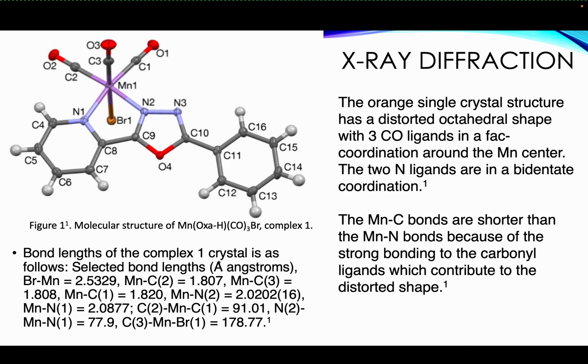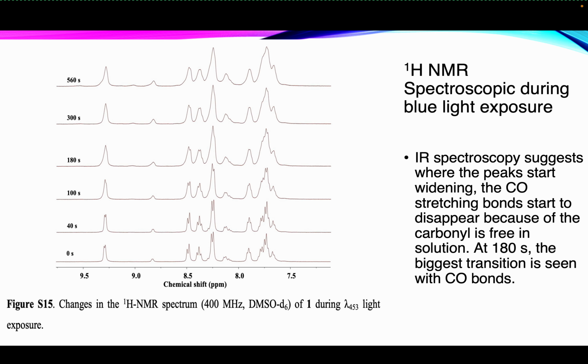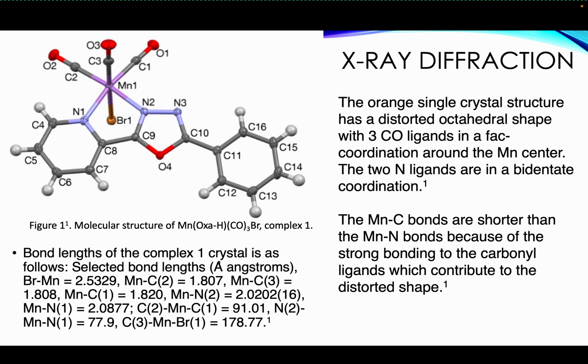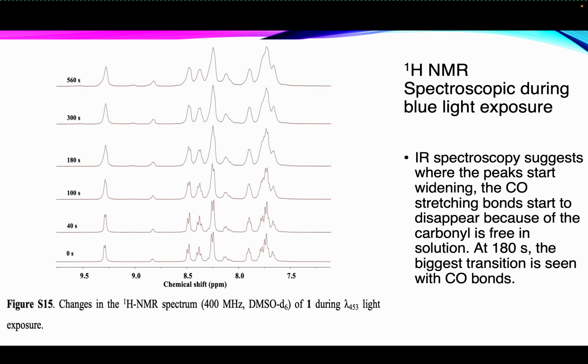So you can see the manganese center connected to the three carbonyl ligands in a facial coordination around the metal center, and the two nitrogen ligands in the bidentate coordination. Oh, and I'm sorry, I also indicated the bond lengths in complex 1 of the crystal structure in angstroms.